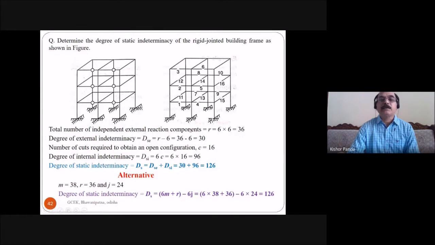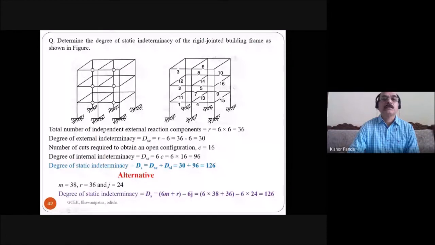So first you find out the total number of independent external reaction components. In a space frame, at the fixed end there are 6 reaction components. So 6, 6, 6, 6, 6, 6.